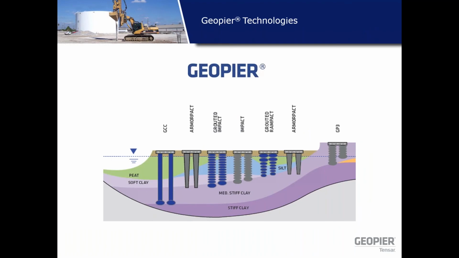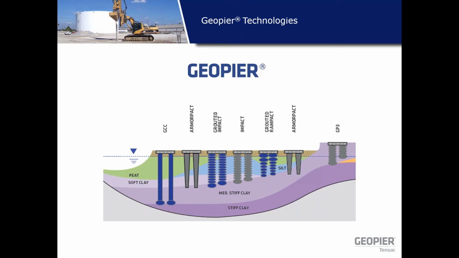This is a snapshot of the different technologies we offer. So we just went over the benefits of ground improvement system. So what does the Geopier system have to offer to the industry? We have several technologies, and these are a few of the technologies you see in the picture.